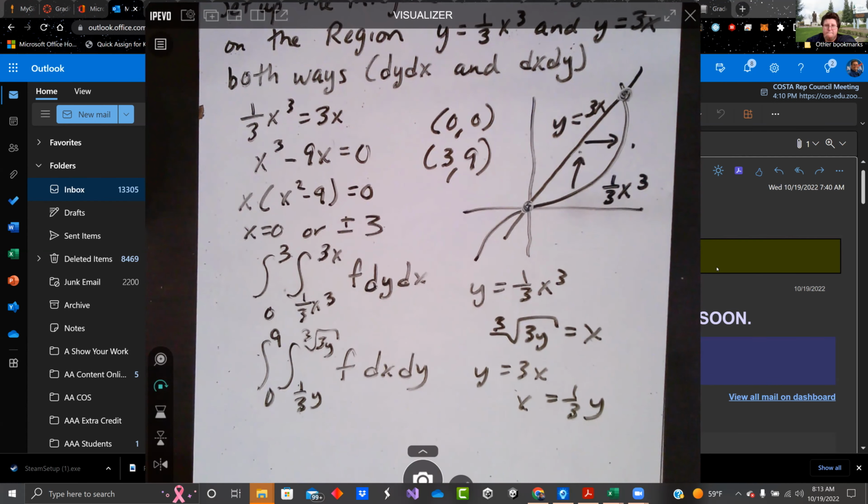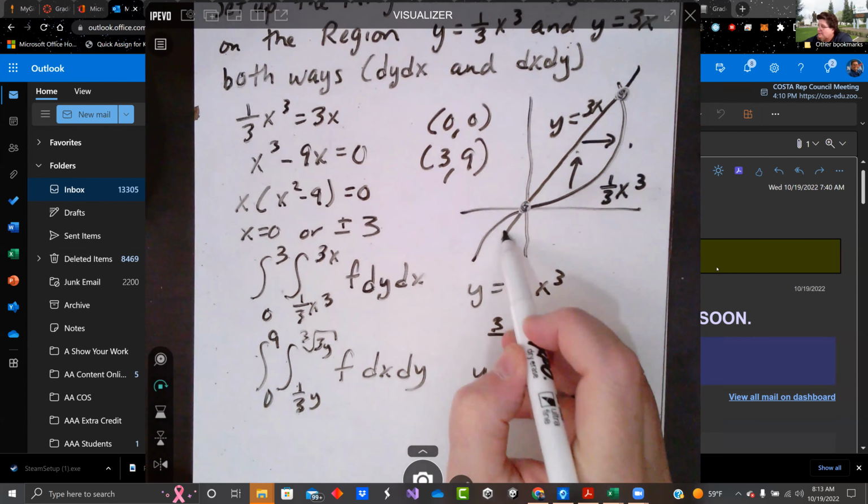Usually it's like specifying. Oh, it's Jones. Yeah. How about the interval from 0 to negative 3 for x, and negative 9 to 0 for y, down here? Yeah.